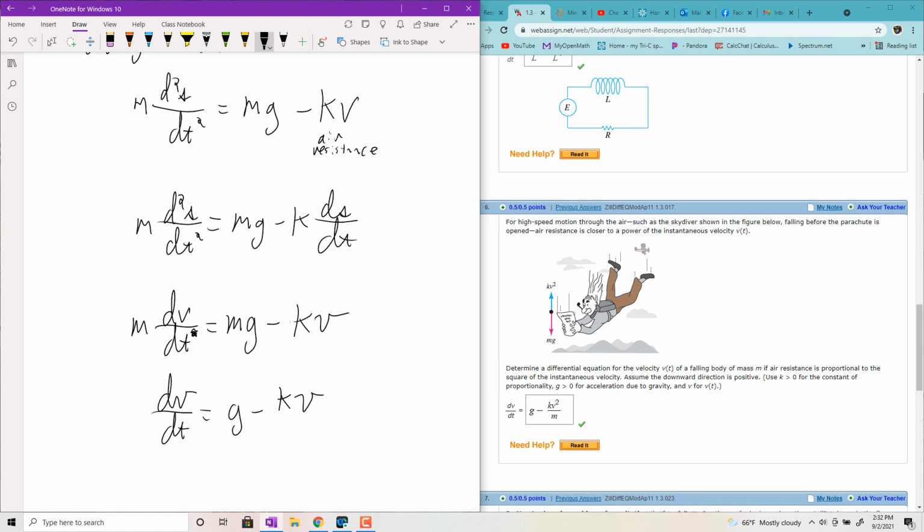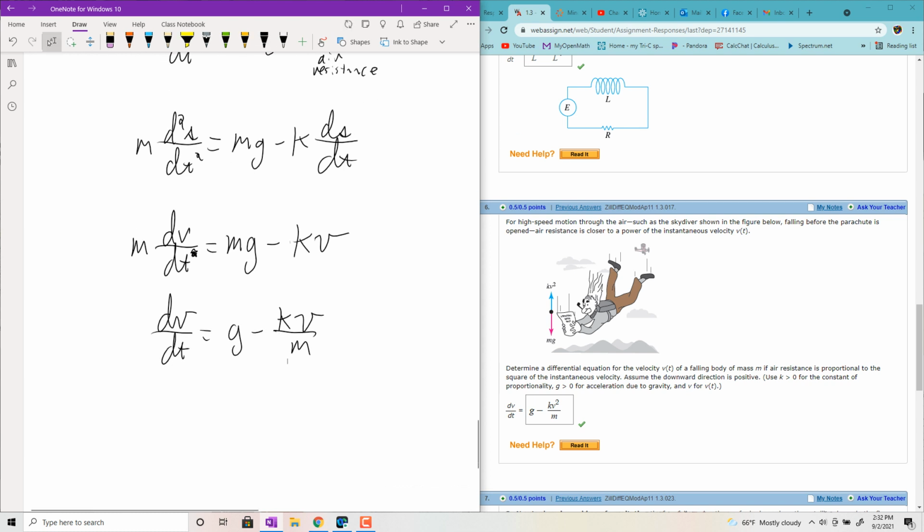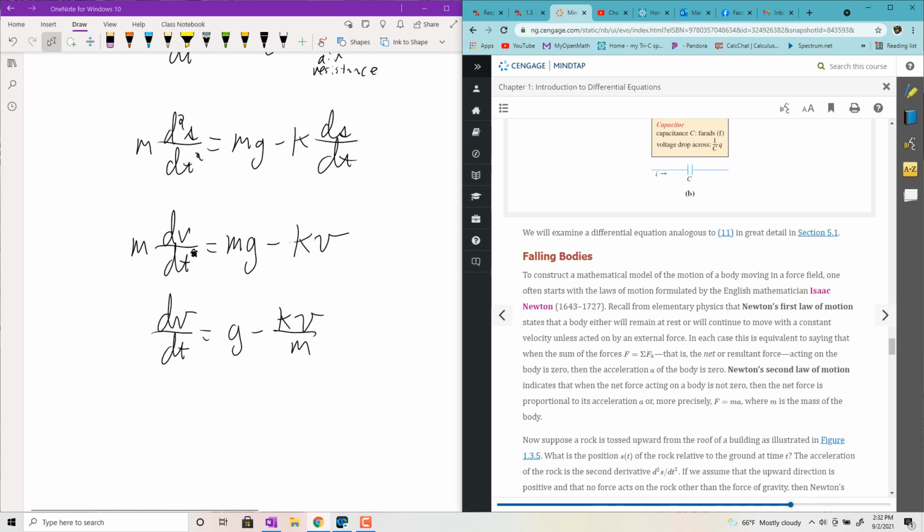Oh, for their problem, the resistance is proportional to the square of the instantaneous velocity. My problem, and when they first introduce it in the book, they just say the air resistance is proportional to the velocity. So that answer is a little different. Yeah, pretty sure that's what they're doing.